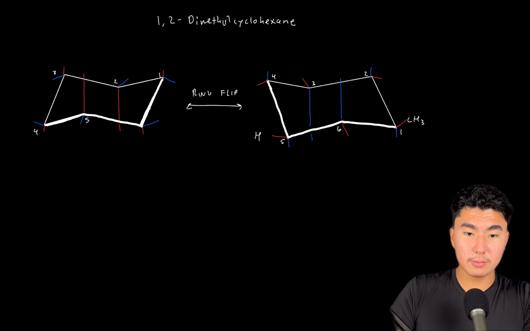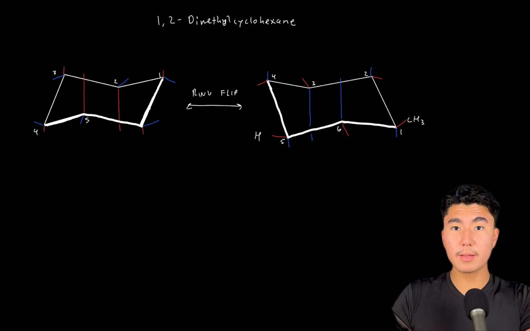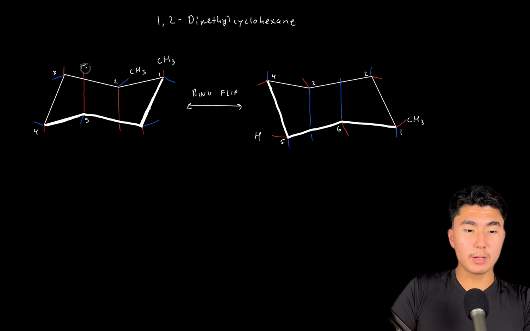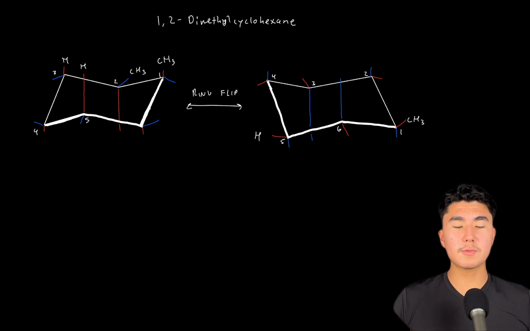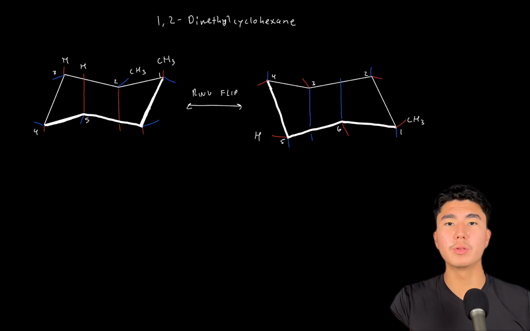So dimethyl cyclohexane, we have 2 methyl groups. So these are going to be on the 1st carbon, 2nd carbon. So you have CH3, CH3, and over here we have an H and H. So just for simplicity, I'm only writing out the hydrogens that actually interact with our substituent, our methyl group over here.